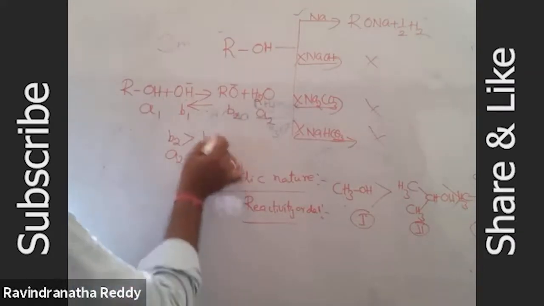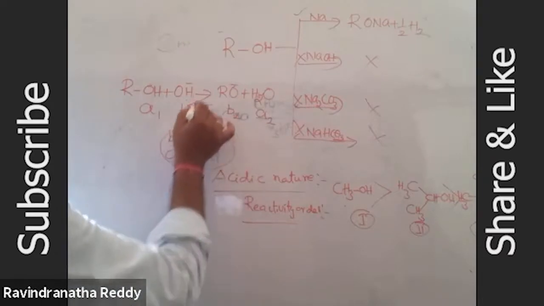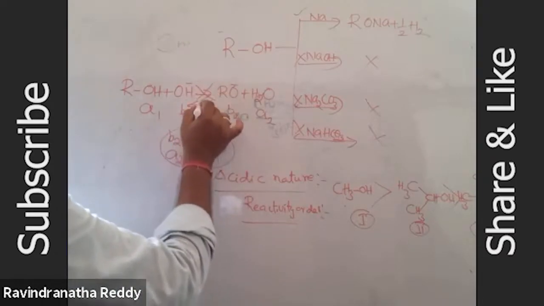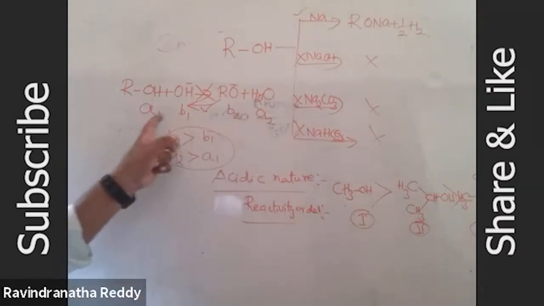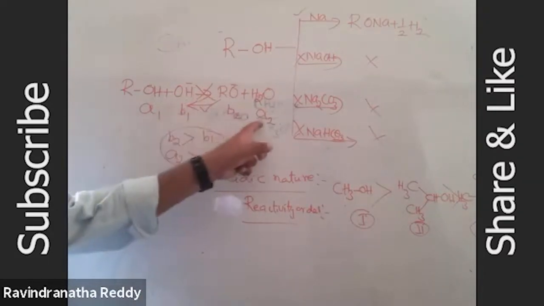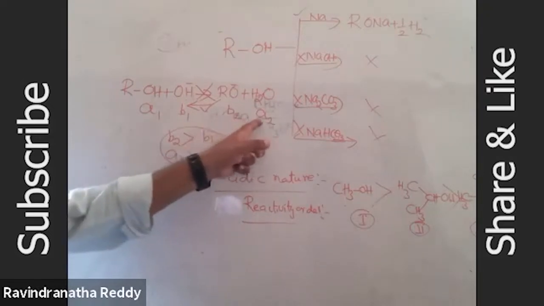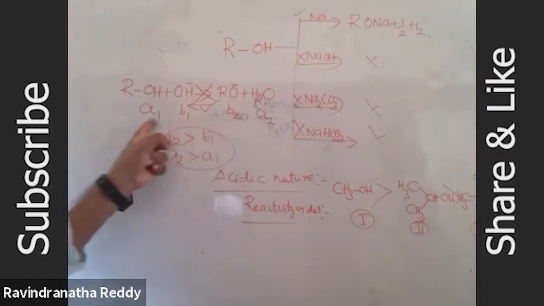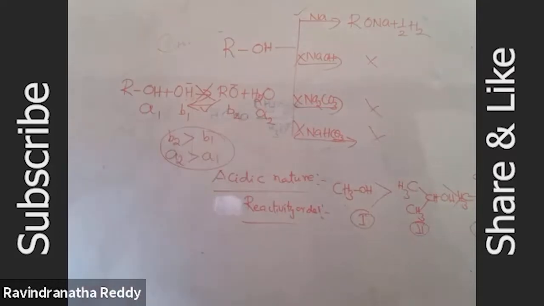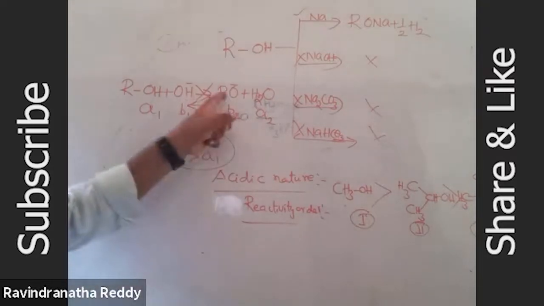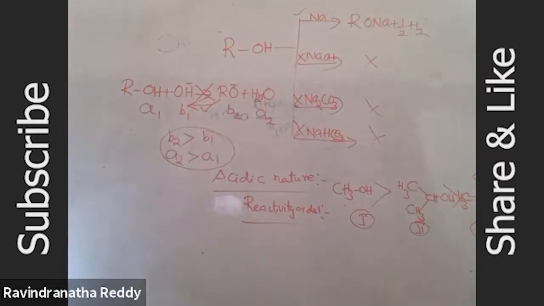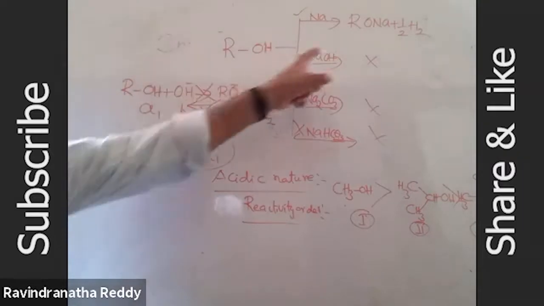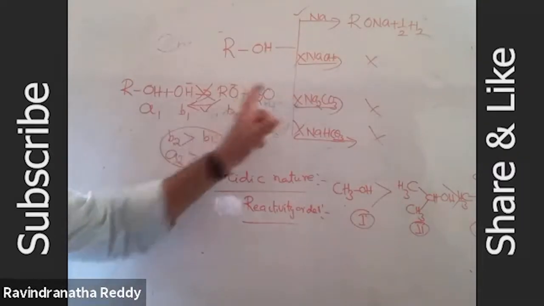So this reaction is not possible, only a reversible reaction. A higher power going to a lower power, that reaction is feasible. So alkoxide ion reacts with water and we get alcohol and OH minus. That reaction is possible. The forward reaction, alcohol with OH minus (sodium hydroxide), is not possible.